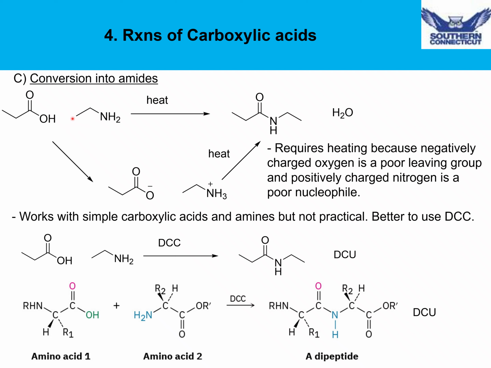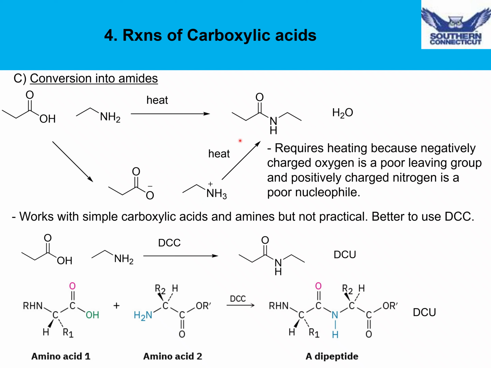Now, the reason why this reaction is relatively slow and the reason we need to heat it is because when you mix an amine, which is basic, and a carboxylic acid, which is acidic, the first thing that's going to happen is the nitrogen will deprotonate the carboxylic acid, and you get these 2 byproducts, a carboxylate ion and an ammonium ion.